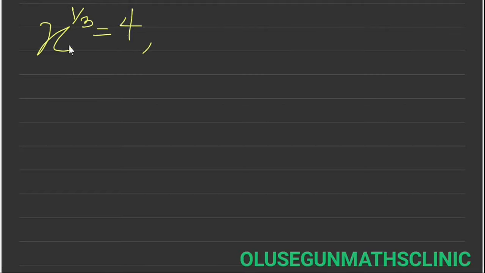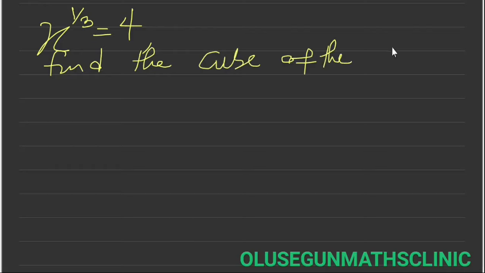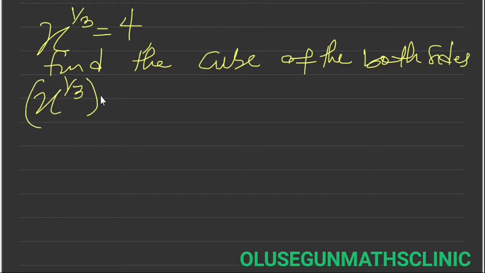Let's find the cube of both sides. So when you get the cube of both sides, we have x to the power 1 over 3, all raised to the power 3, is equal to 4 raised to the power 3.